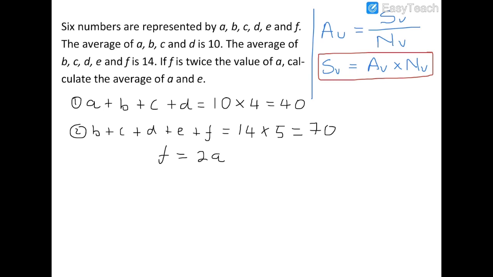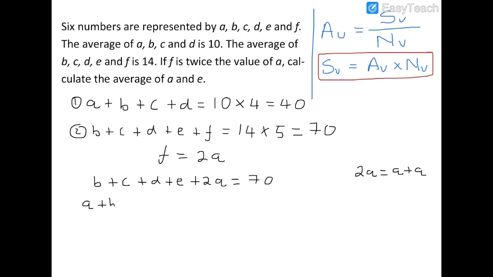And then we would have B plus C plus D plus E plus 2A is equals to 70. Okay, so I just want to write 2A as A plus A. Remember, 2A basically just equals to A plus A. Okay, so I'm going to write the first A at the beginning.